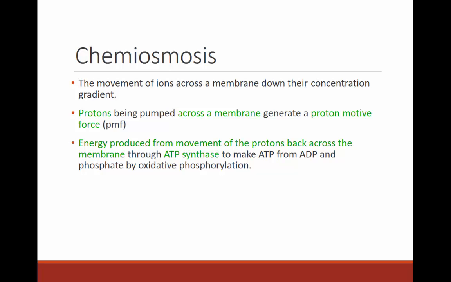And protons being pumped across a membrane generate a proton motive force, a PMF. Now remember in that electron transport chain you had protons being pumped? Yes? So that's needed to create that energy. And that energy is produced when the protons actually move back across that membrane, and they help with the formation of ATP.